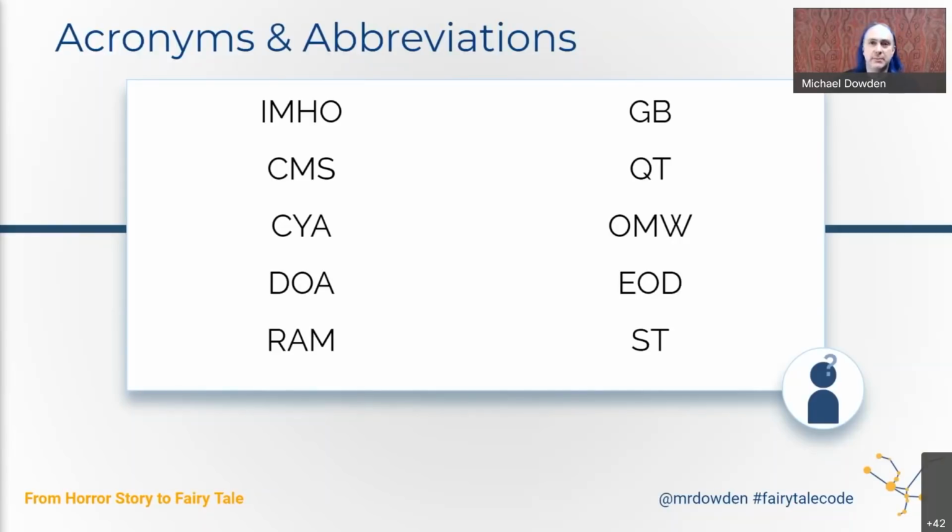The Wikipedia disambiguation page for ST has, I think, 34 entries, and half of them are related to addresses, which means that even knowing that ST is being used in the context of an address doesn't tell me enough to know for sure what word it is being substituted for. So acronyms and abbreviations can be really harmful for actually communicating the full intent of what we're saying.